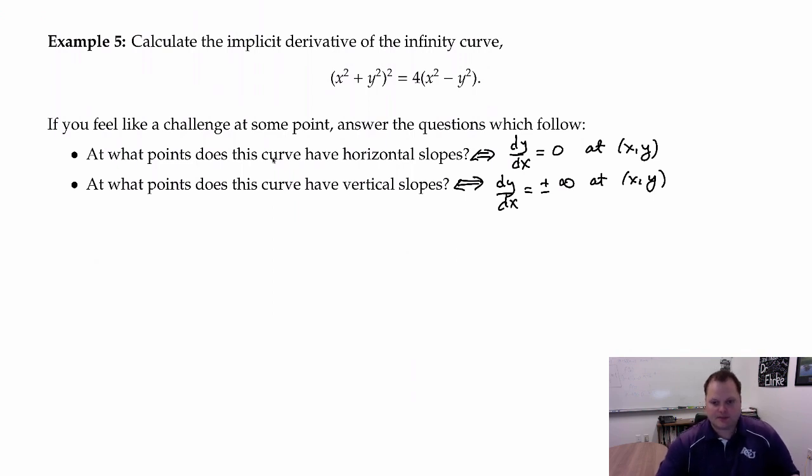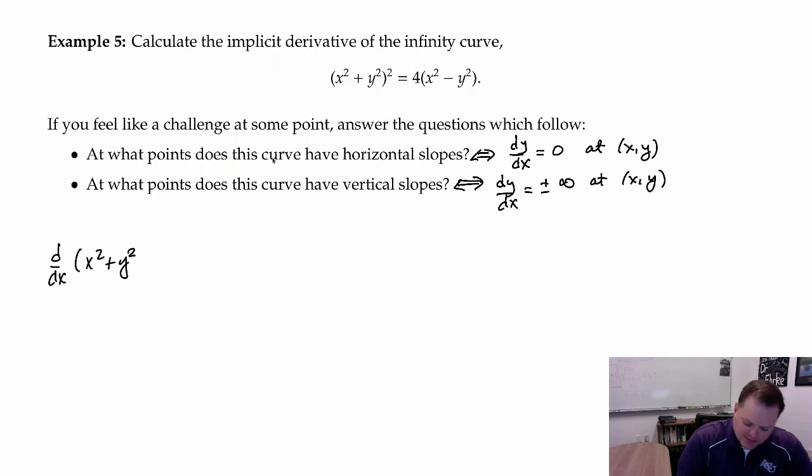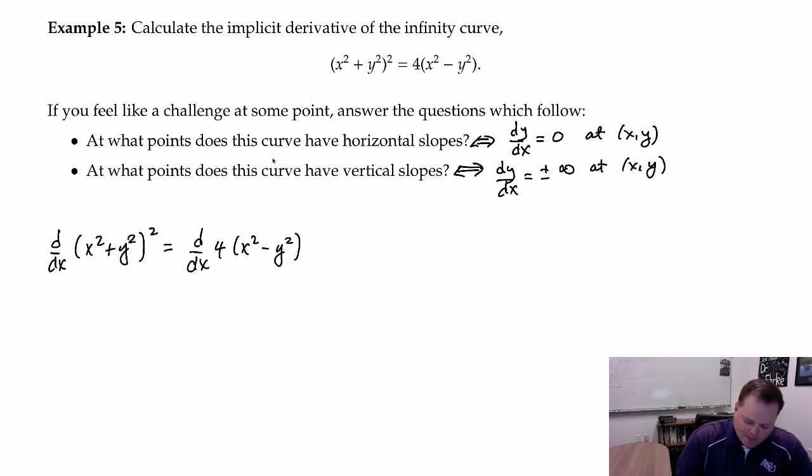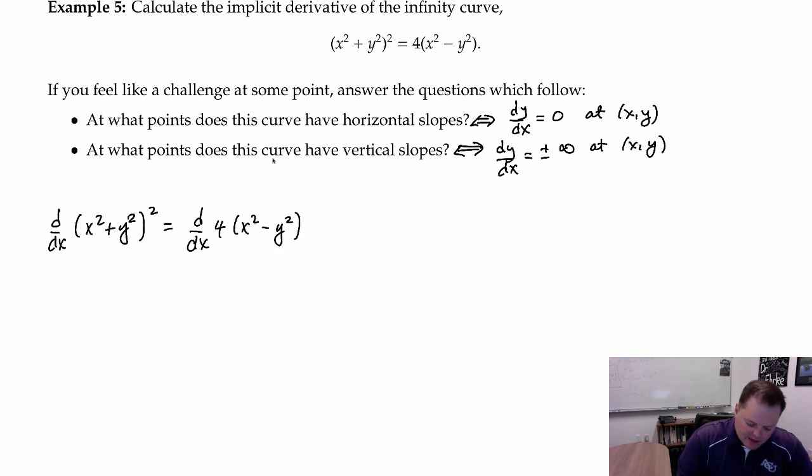All right. So we'll start by differentiating this curve. We're going to take the derivative of both sides. On the left-hand side, we've got 2 times all of this times the derivative of the inner function.